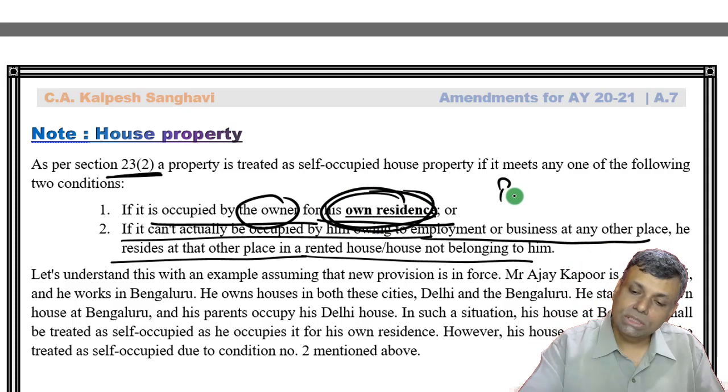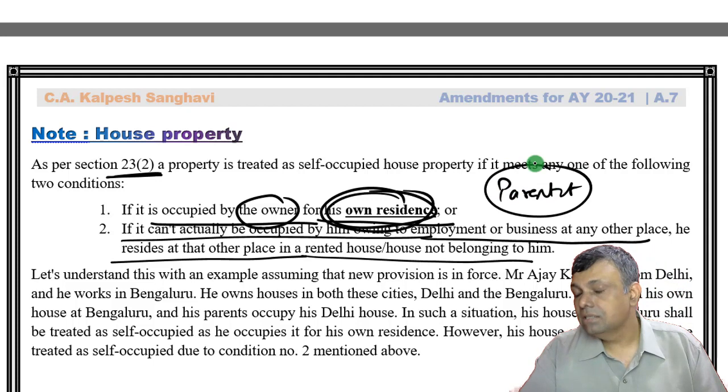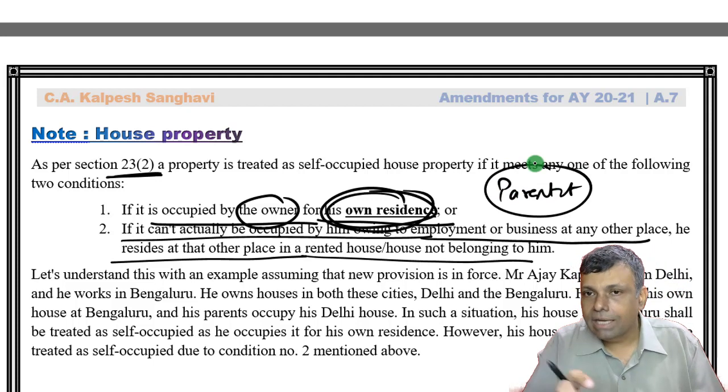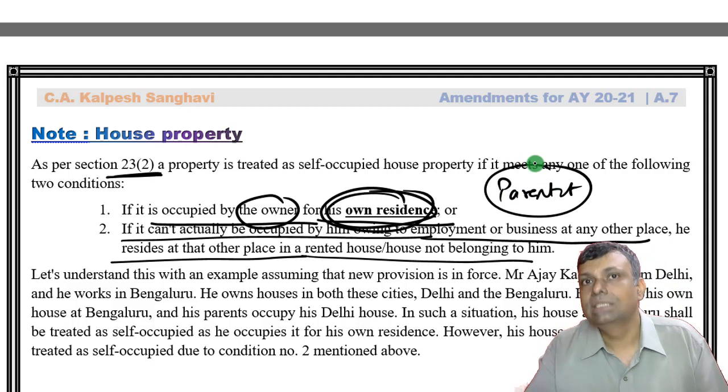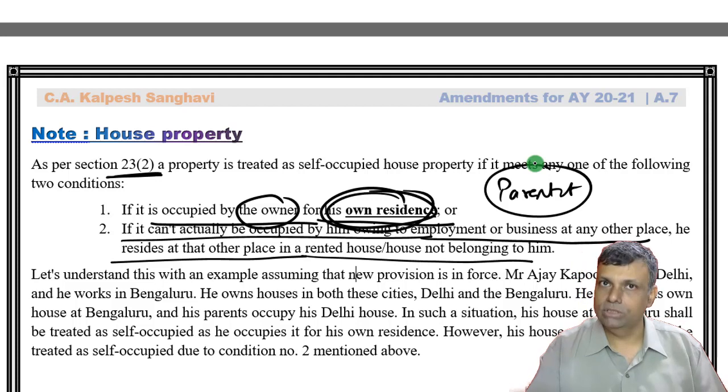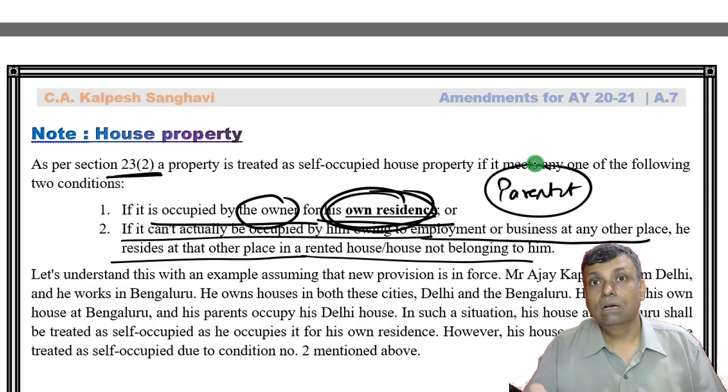But in our question, the parents of the assessee are staying in that particular house. So can it ever be taken as an SOP itself, first of all? By itself it is a matter of debate in the house property chapter, but people don't tend to go into this much depth. Let me just tell you that here you have to write that it is a famous view that even if it is used by the assessee's parents, it can be taken as an SOP.